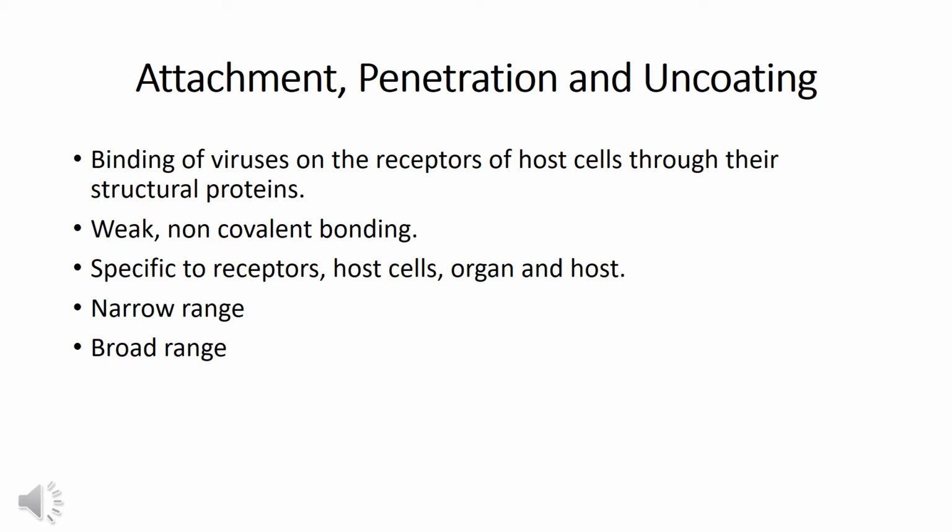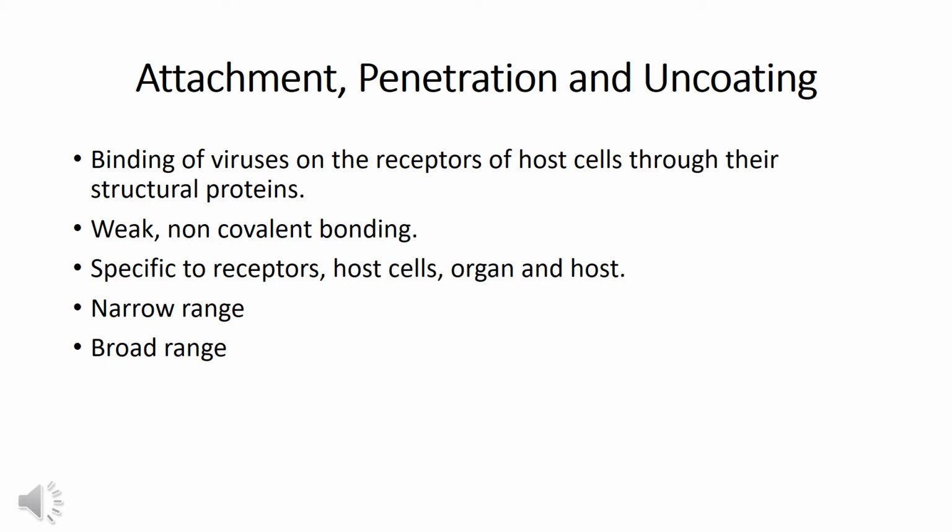So when the virus attaches to the receptors on a specific surface, you should know that the virus is specific to receptors and specific to cell as well, and some viruses are also host specific.